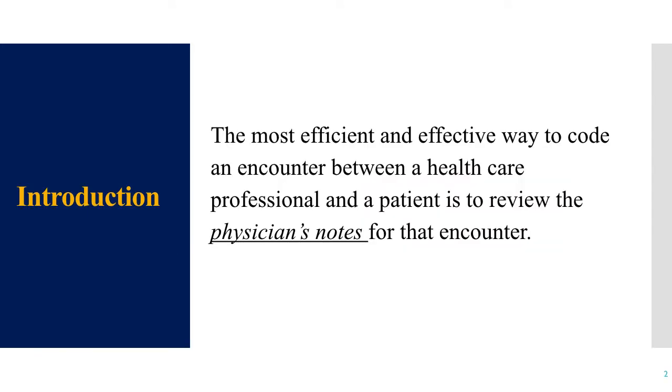The most efficient and effective way to do this, and actually required by law, is for you to read the entire documentation, whether it's an op report that's 5 pages long or whether it's a progress note that's 3 sentences. The truth is that the law requires you to read the entire thing, and it's really a good idea to read it twice.